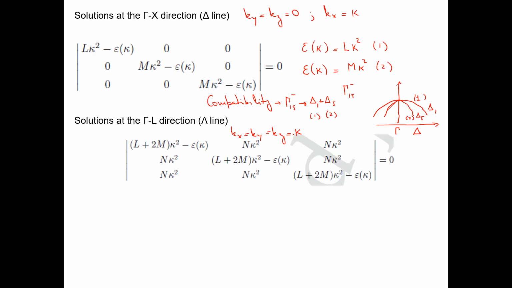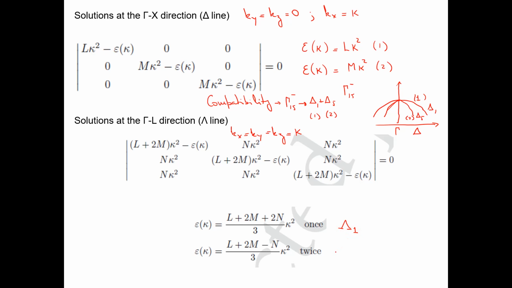It can be diagonalized, and the resulting solution is a set of two energies: one is non-degenerate, and when you do compatibility, this is what one calls the lambda 1 band, and this one is twice degenerate, the lambda 3 band. Okay, again consistent with compatibility relations.